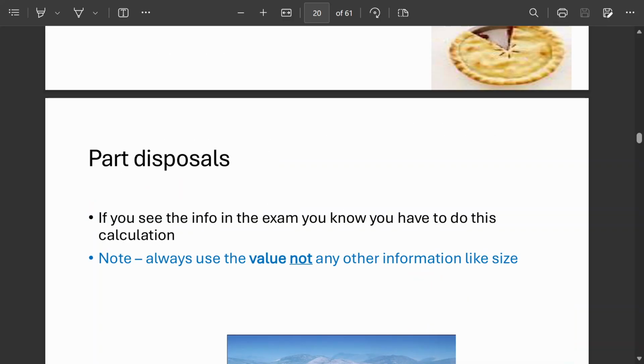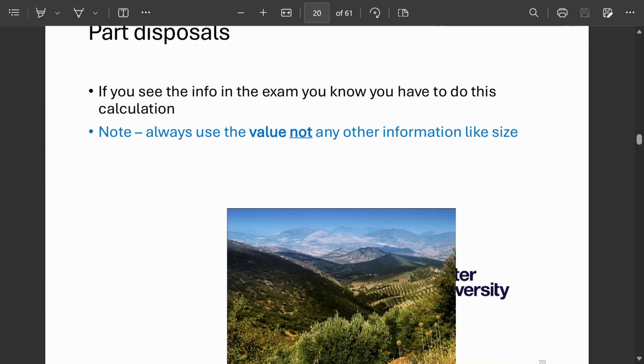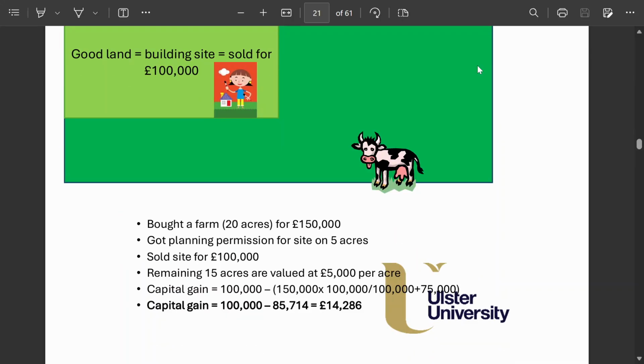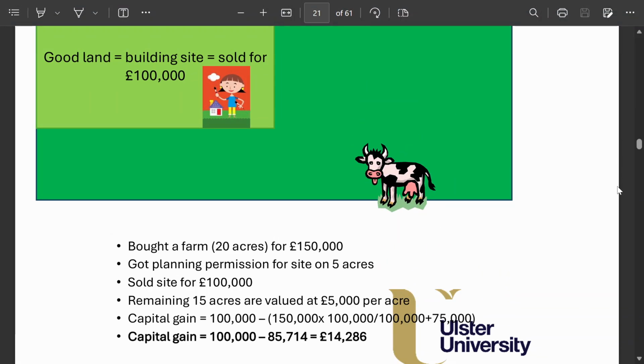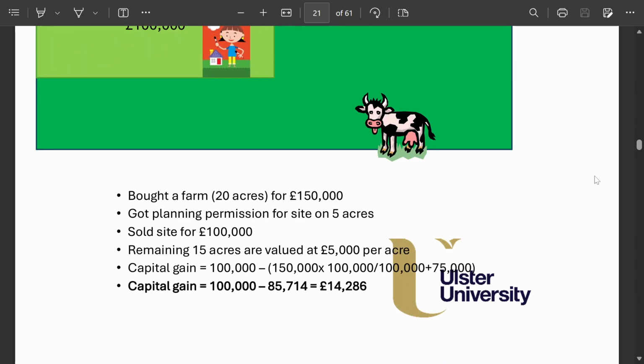So you take an example here, okay? Don't take other information like size and all that, like I said, like 5 acres, 1 acre. Here's the thing. You bought a big piece of land, and then you sold a part of it. So you bought the land for 150K.